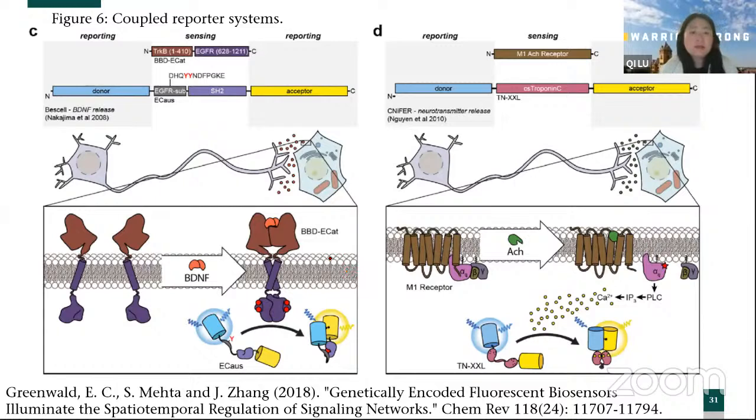Here, this one shows that these biosensors are also designed for synapse-like tokens, the coupled reporter systems. It can tell, for example, that the neurotransmitter BDNF or SH is released.